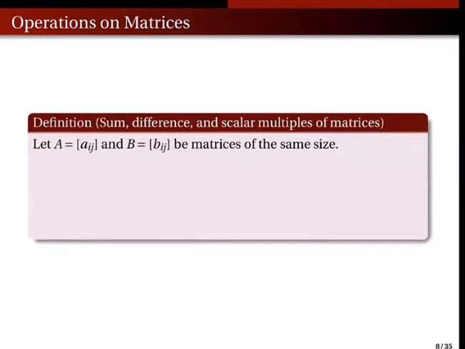Now, operations. So we define sum, difference, and what we call scalar multiples of matrices. So let us consider these matrices A and B, and we assume that they have the same sizes. Let A and B be matrices of the same size. You can only add and subtract if you have matrices of the same sizes.